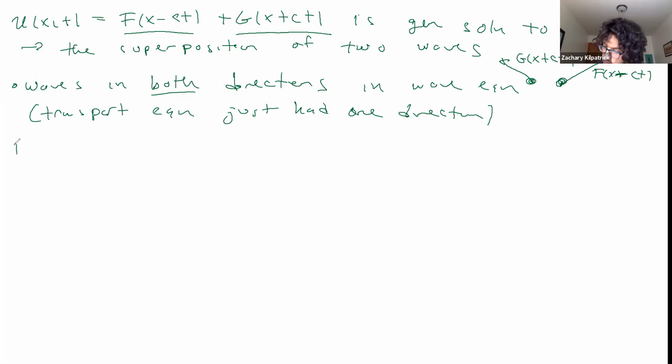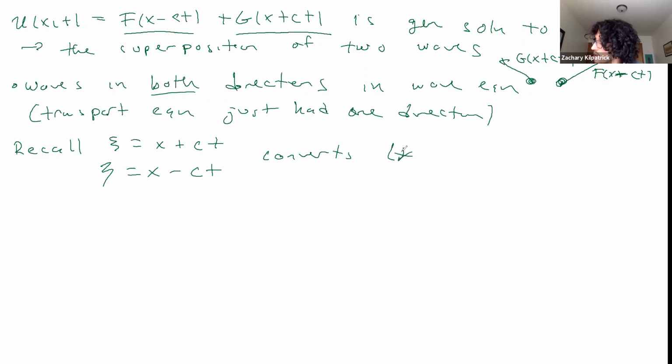And if we recall from the lecture that I recorded for Friday, if I write this variable xi as x plus ct and eta as x minus ct, this converts star to d eta d xi of u equals 0.